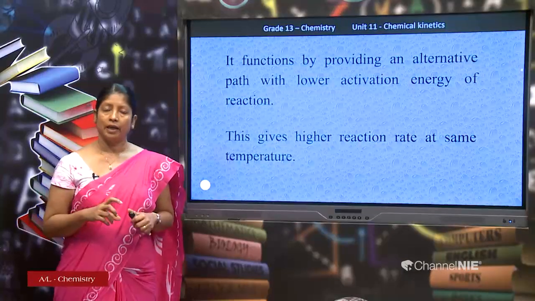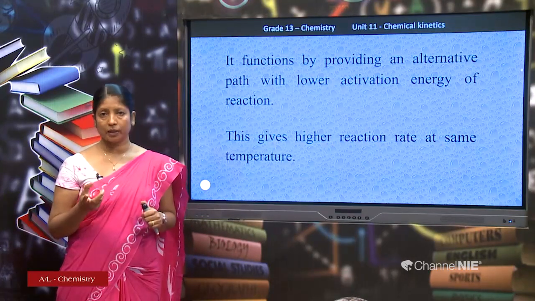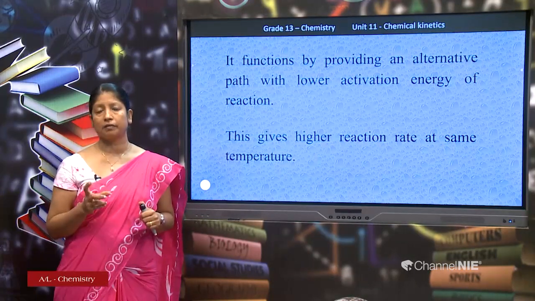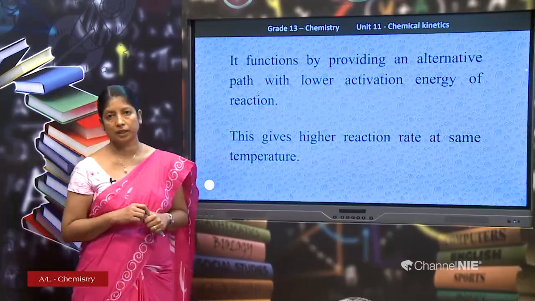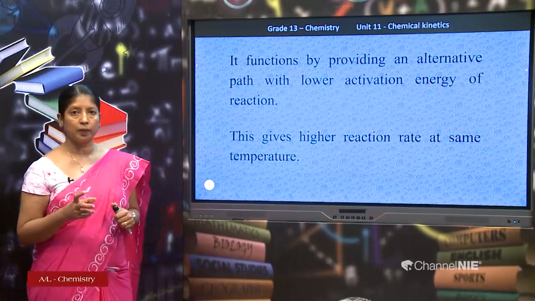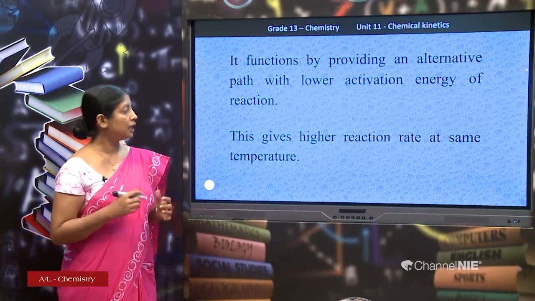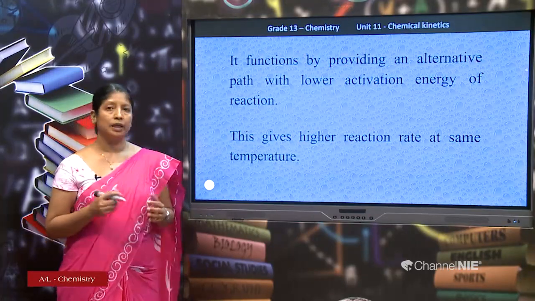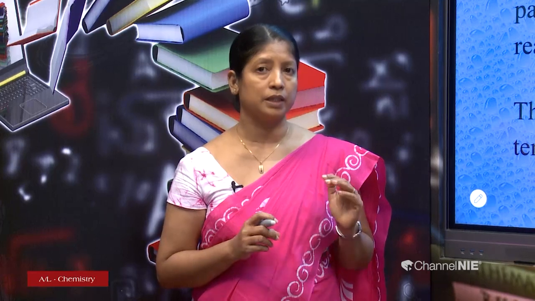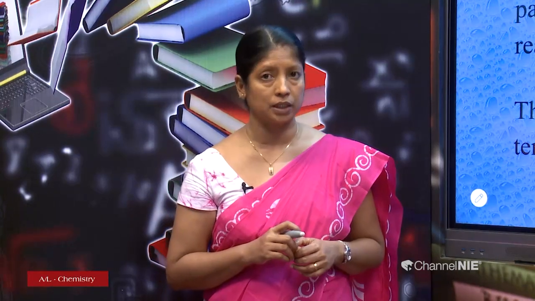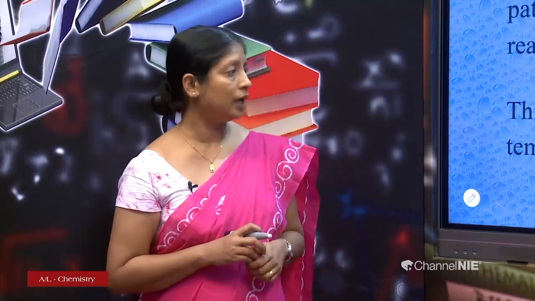Not only that, it provides a new mechanism where the activation energy is lower than in the previous situation. In such a situation, the total effective collisions occurring in the medium will be high, because the fraction of molecules with activation energy or more increases, so the reaction rate increases.